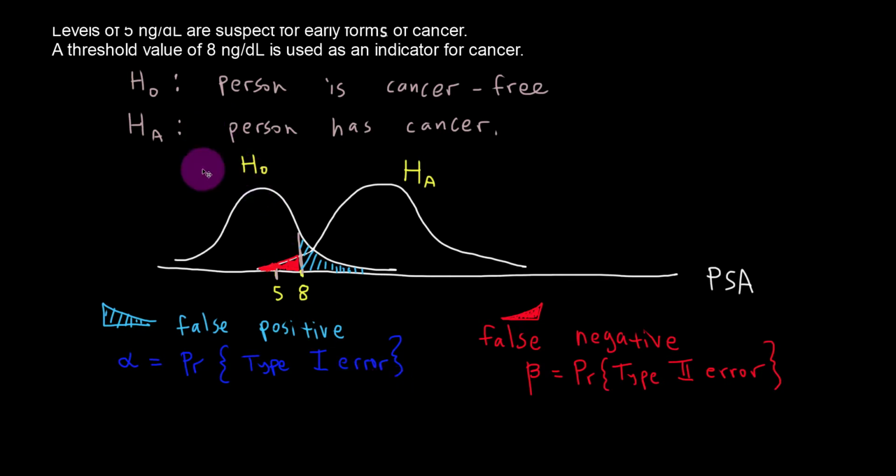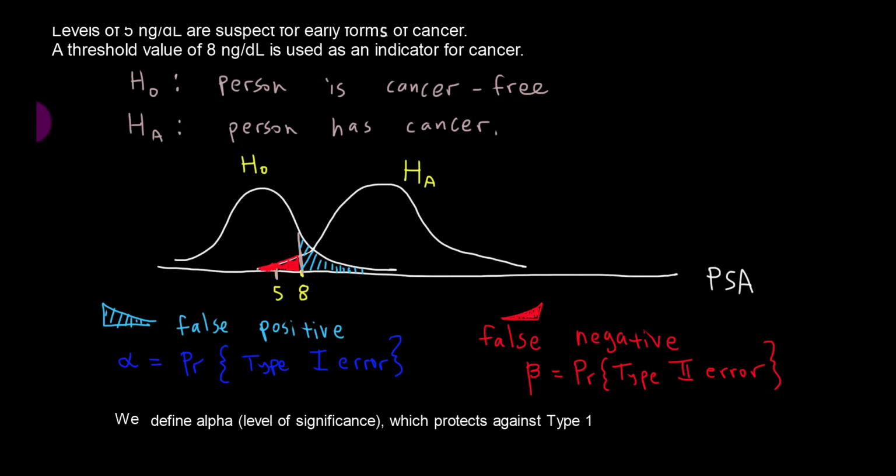So something that we do in statistics is we have the ability to protect against a type 1 error. We are able to define alpha, the level of significance, which protects against type 1 errors. If you think about the consequence of a type 1 error, this is kind of what you want to think about.